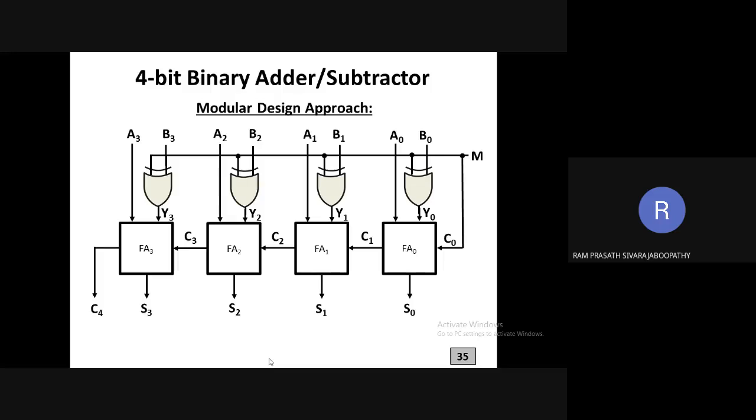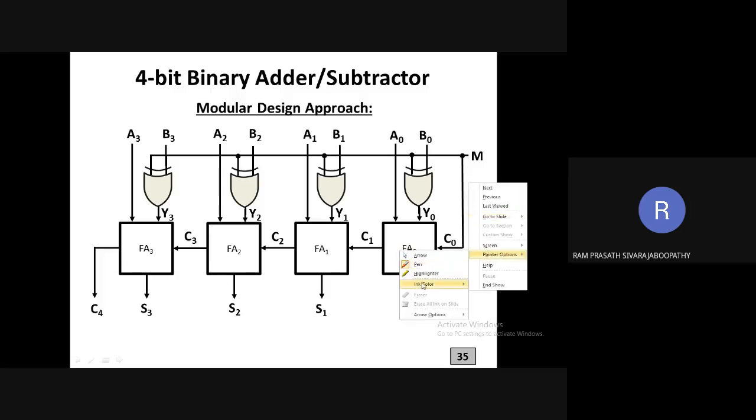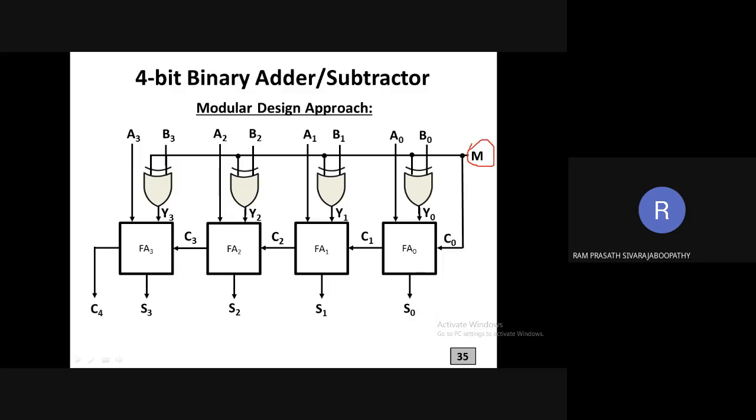Is it clear? Listen carefully. What do we use this input M for? What is the purpose of this input M? What is it going to decide? Subtractor or adder?